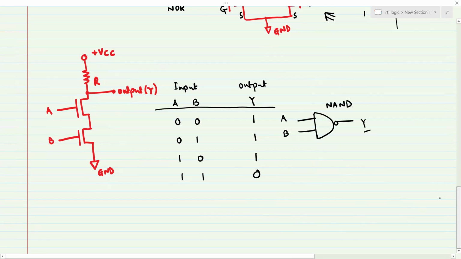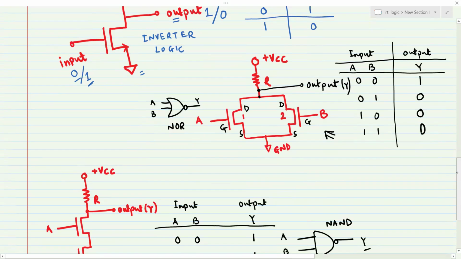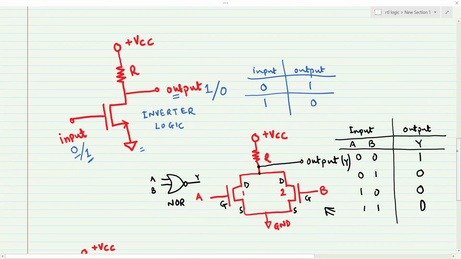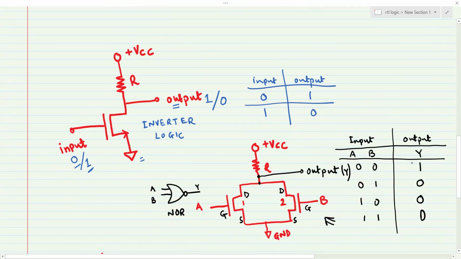So you see now we got the three logics. Try implementing some other logics, and in that case, see how you actually can do that. Okay. So hope you found this small module useful to construct various logic using only NMOS.